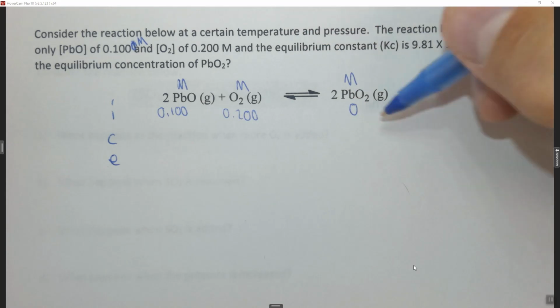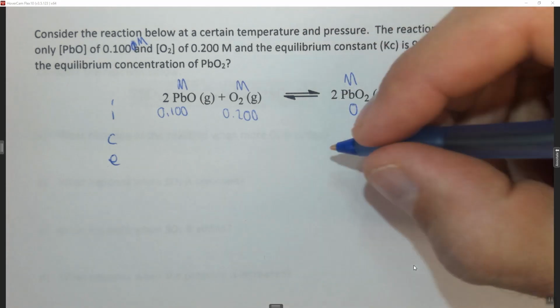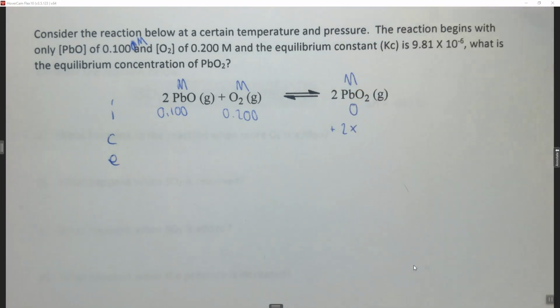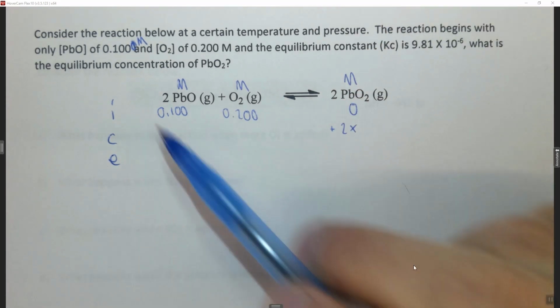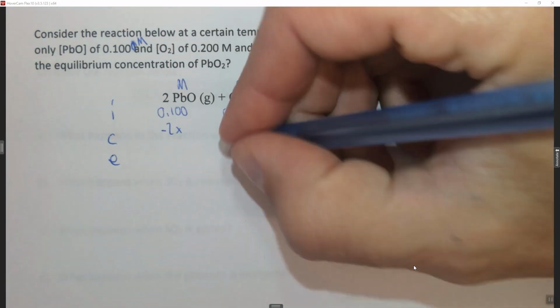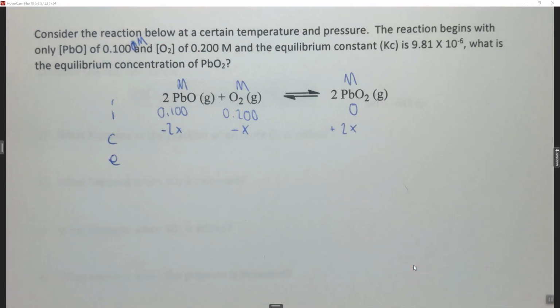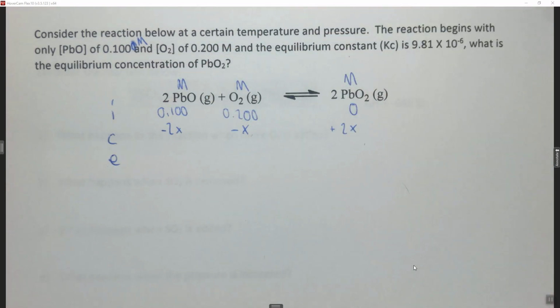In this case, we don't know the concentration of this, but we know that we're going to get 2x. Why 2x? Because there's a 2 here. We also know we're going to lose 2x of this, and we're going to lose x of this. So the stoichiometric coefficient goes with the x.